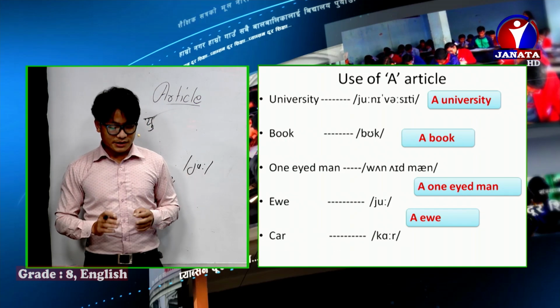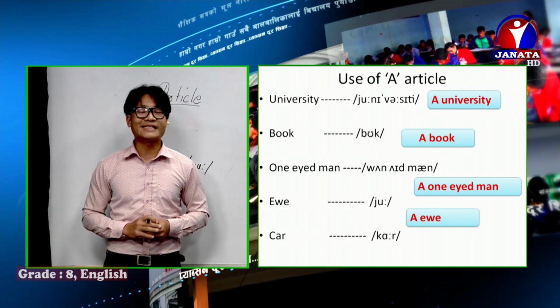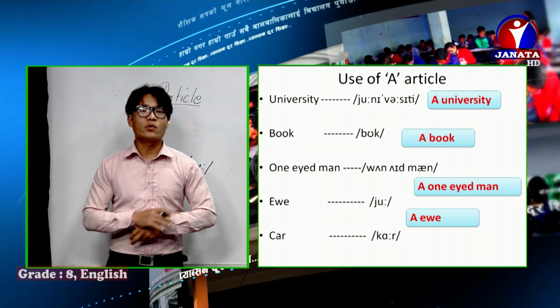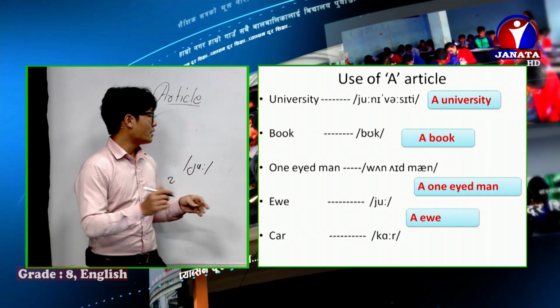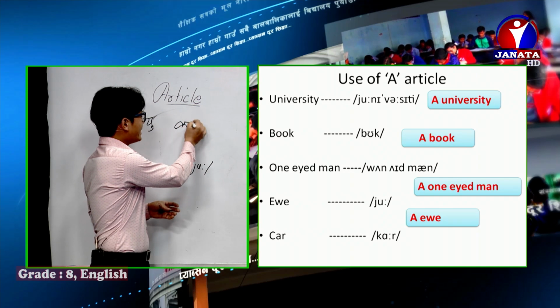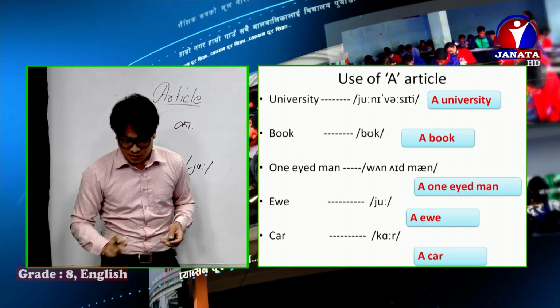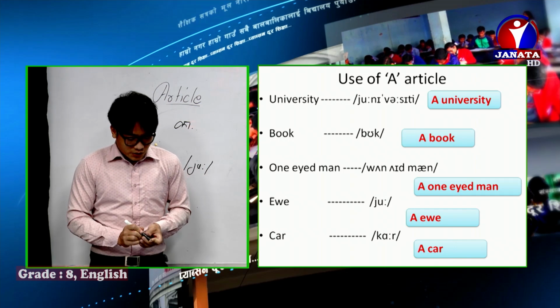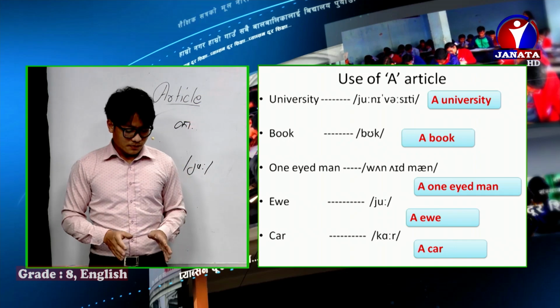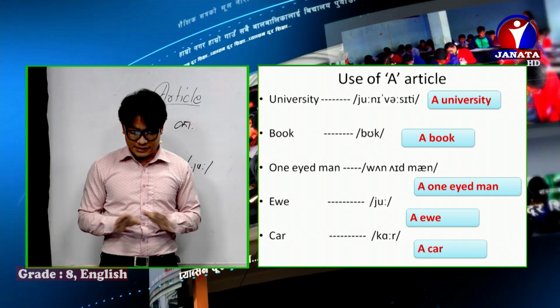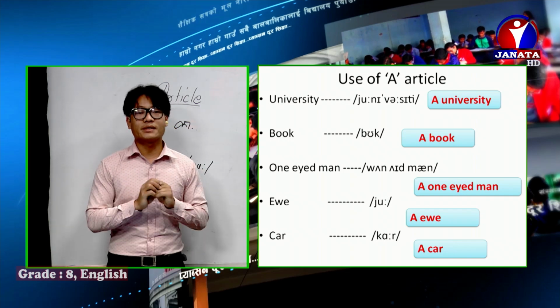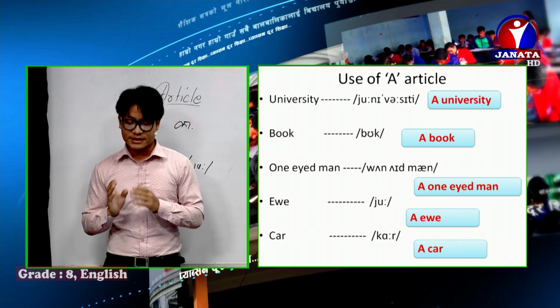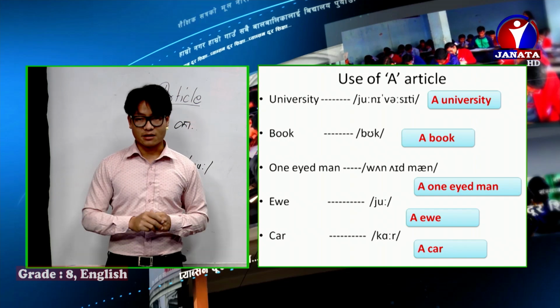Another word, this is the last word, is car. C-A-R, car. So we are clear, this is pronounced with a 'k' sound. So obviously it takes A article: a car. So these are the practice that what we have discussed here is which noun takes a and which noun takes an article.